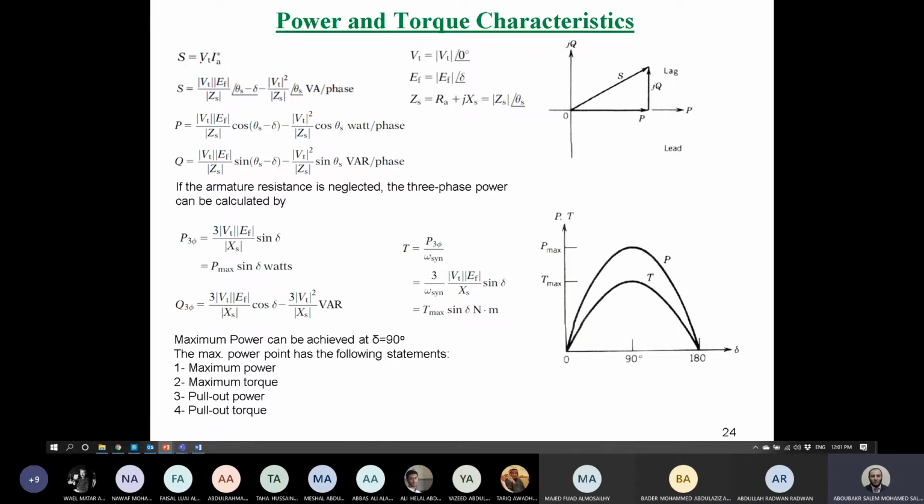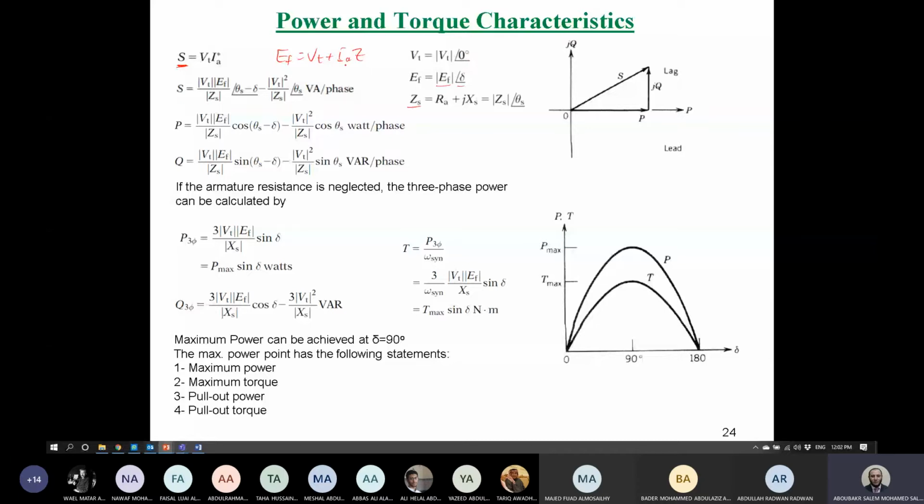So we have the apparent power شباب, S equals V multiplied by I conjugate, and we got the value of current from the equation EF equals V terminal plus IA multiplied by impedance Z, and we know Z has magnitude of ZS at angle theta S, and EF is magnitude EF at angle delta, or called power angle, and V terminal is the reference voltage at angle 0.